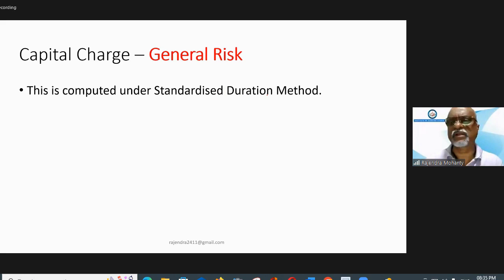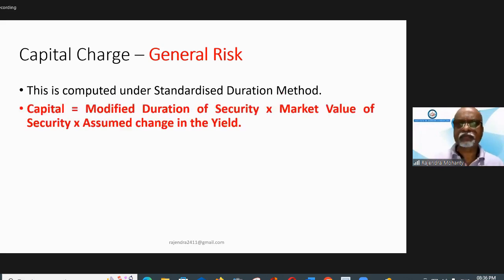The standardized duration method is more precise than the maturity method, because it gives a more accurate picture so that we can calculate the exact amount of capital needed to cover the losses. So this is the popular method under which this calculation is done. Capital equals the modified duration of the security. Modified duration we have already discussed.